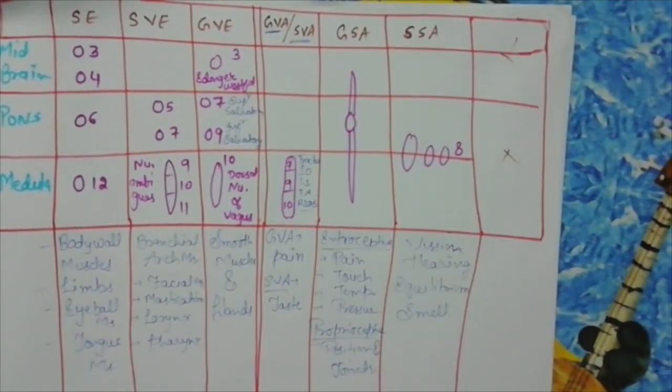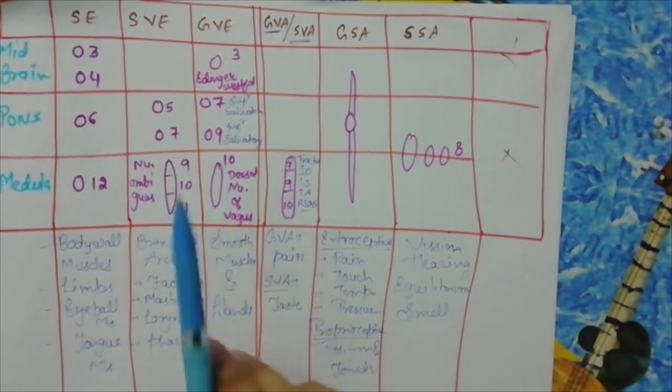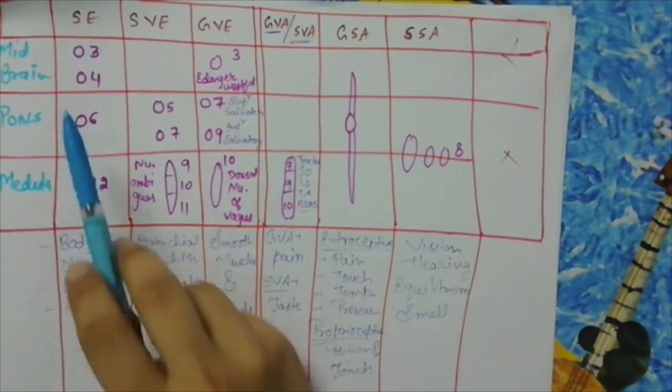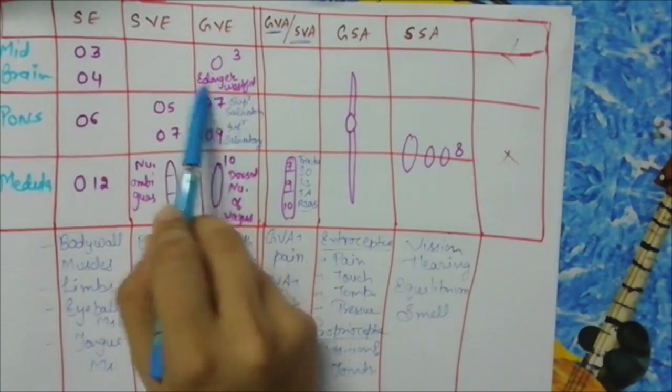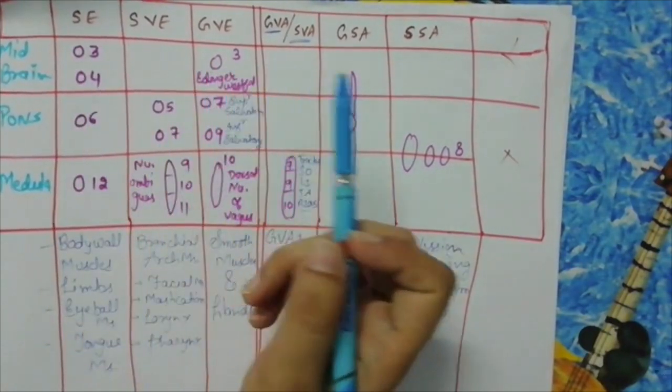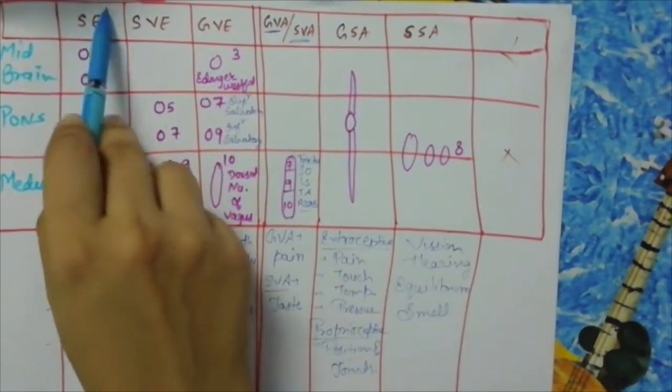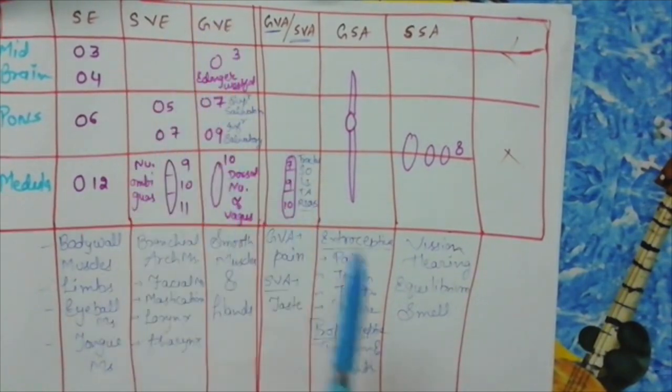Okay guys, so now if someone asks you about the functional component or the nucleus of any of the cranial nerve, let us take an example, the third cranial nerve. So you can see where is the nucleus of the third cranial nerve. So in this column and in this column. So the functional component of third cranial nerve is somatic efferent and general visceral efferent.